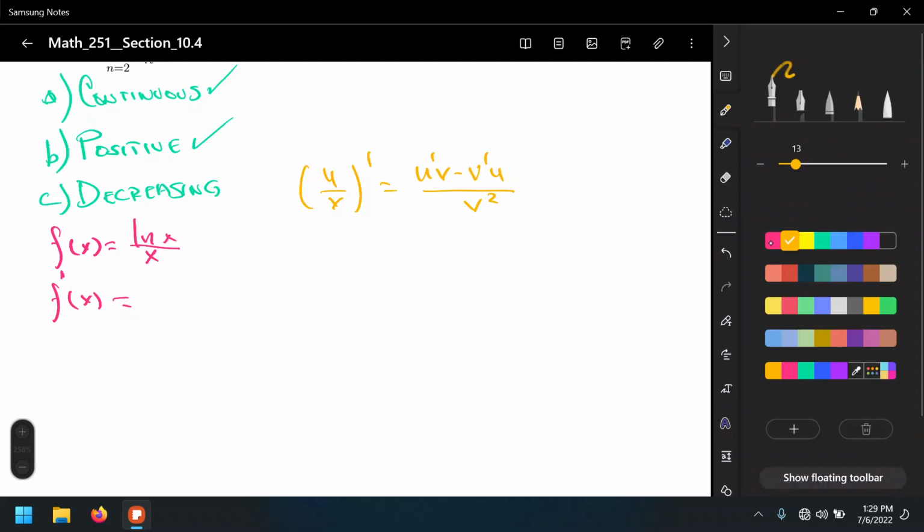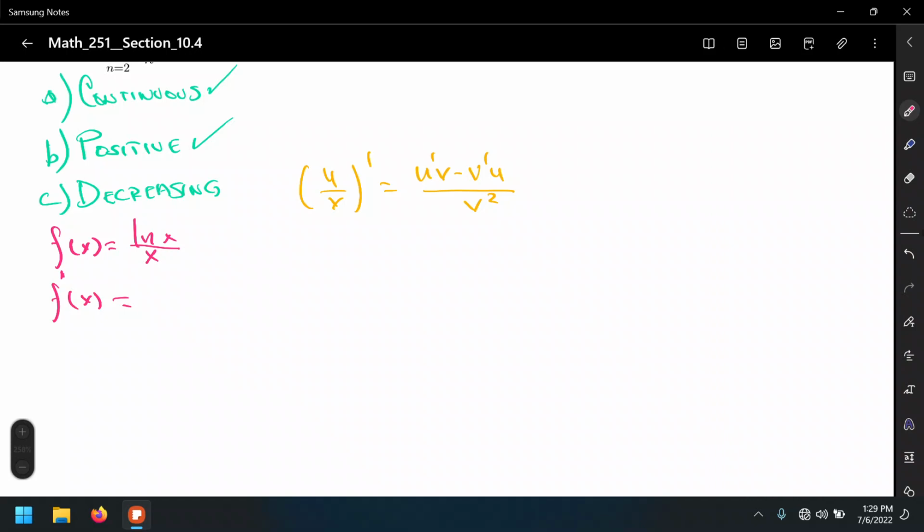So let's take the derivative. The derivative of ln x, which is 1 over x, times the denominator, which is x, minus the derivative of the denominator, which is 1, times the numerator ln of x. And divide by the denominator squared, and let's simplify this.